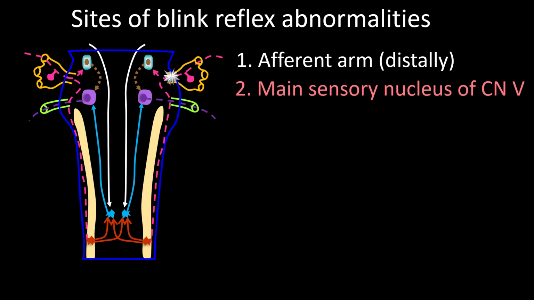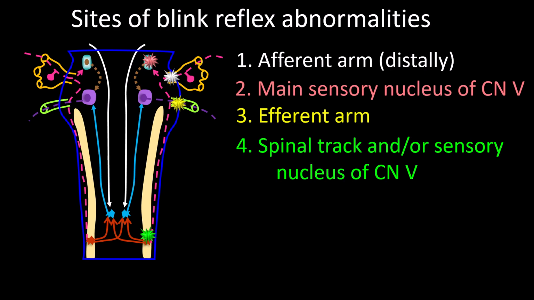The second site is the main sensory nucleus of cranial nerve 5, indicated by a pink burst. The third site is the efferent arm, which includes the facial motor nucleus, interparenchymal fibers, and the facial nerve. A lesion at these sites will be indicated by a yellow burst at the proximal facial nerve region. The fourth site is the spinal tract and/or sensory nucleus of cranial nerve 5.